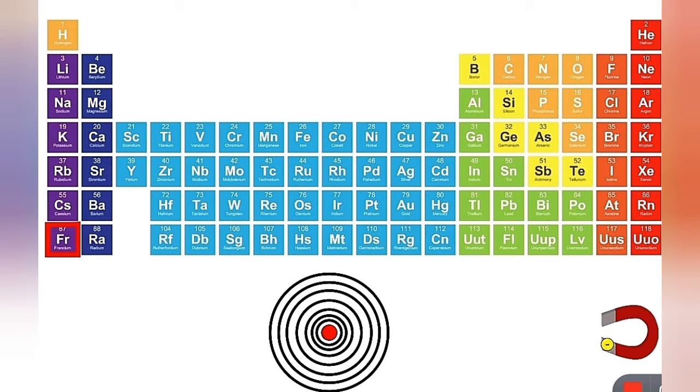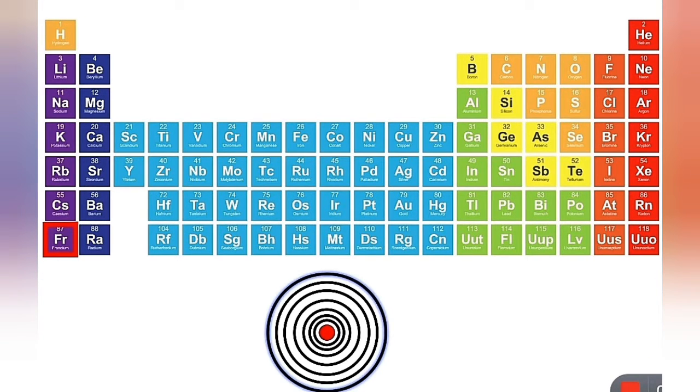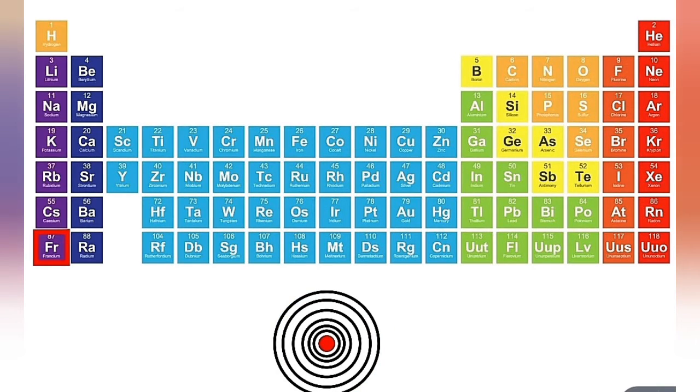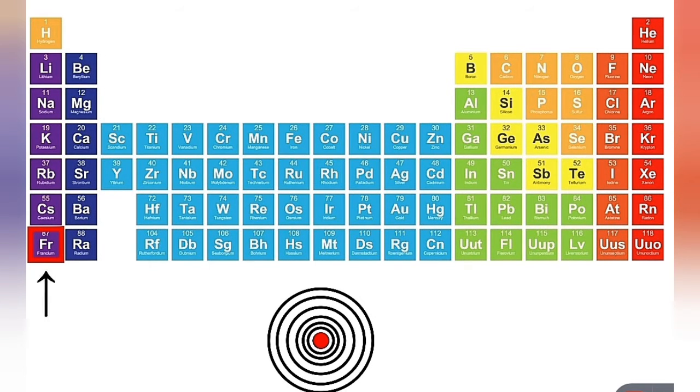An atom likes to have its outermost shell completely full. Losing the electron means the shell is gone and the one below is completely full. So, elements in group 1 will easily lose one electron.